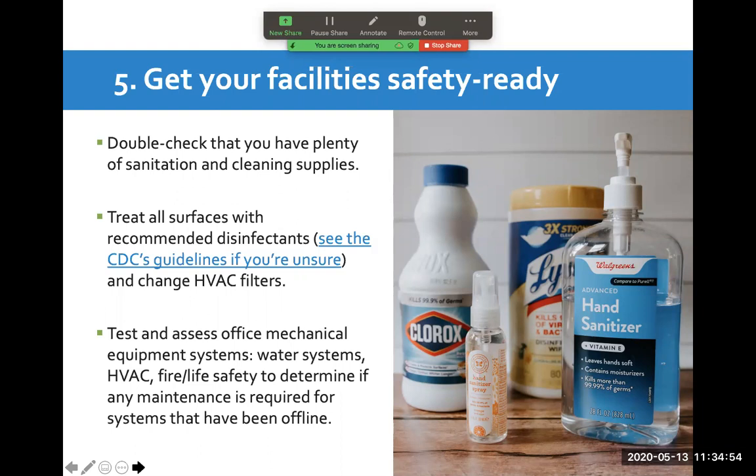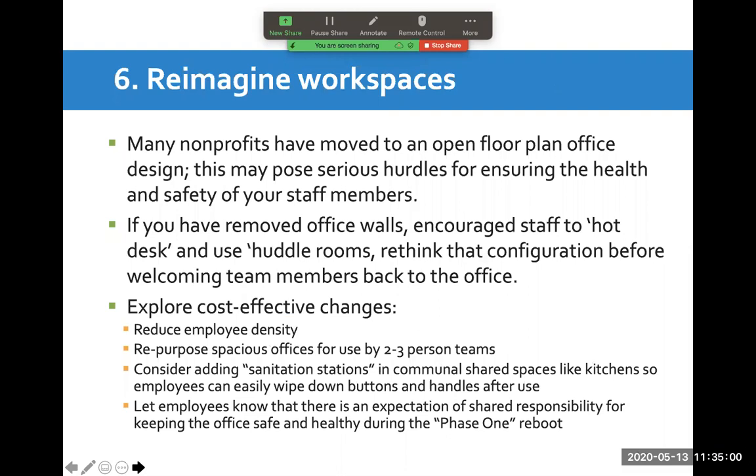And then number 6 is reimagine workspaces. One of the things I've noticed in working with lots of different types of nonprofits all around the country is that so many of us have moved to an open floor plan design. Well, that can pose some hurdles for ensuring the health and safety of staff members. And I'm assuming that you're going to try to continue social distancing during this phase 1, this return to facilities and offices.